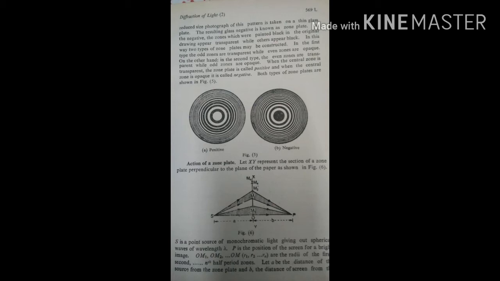When the central zone is transparent, the zone plate is called positive, and when the central zone is opaque, it is called negative. Both types of zone plates are shown in the figure. Action of a zone plate. Let XY represent the section of a zone plate perpendicular to the plane of paper as shown in the figure.